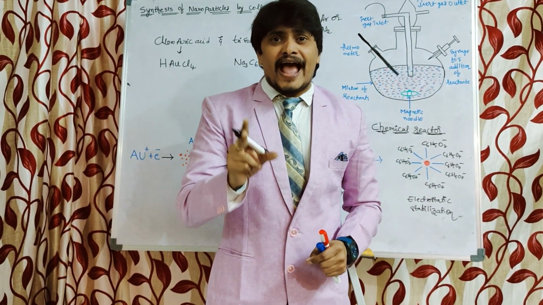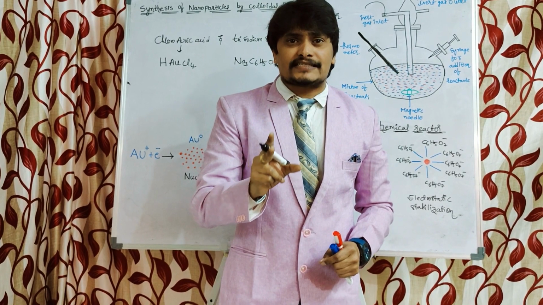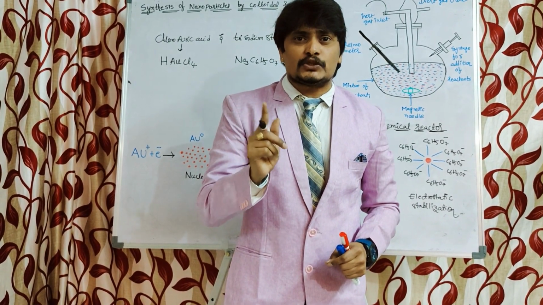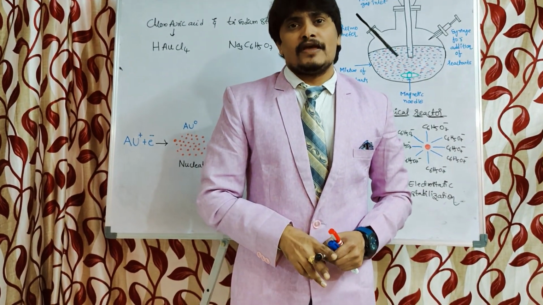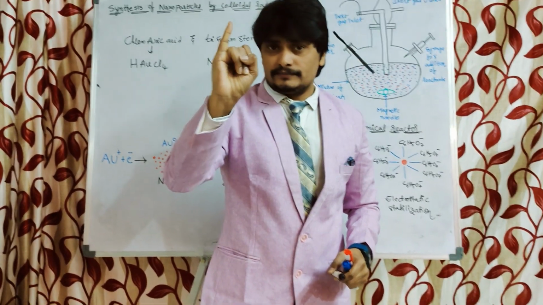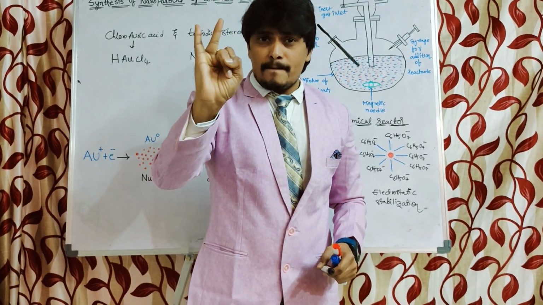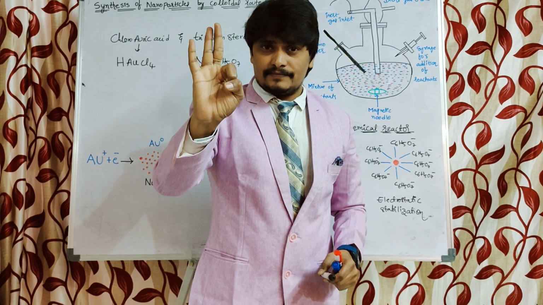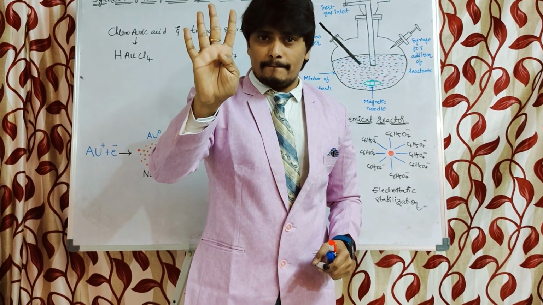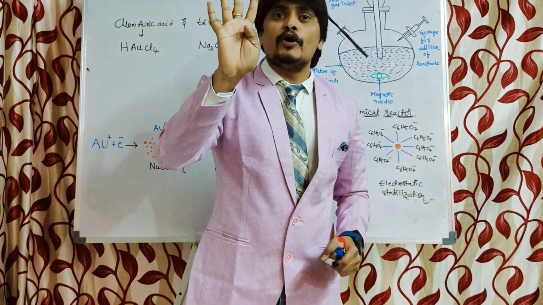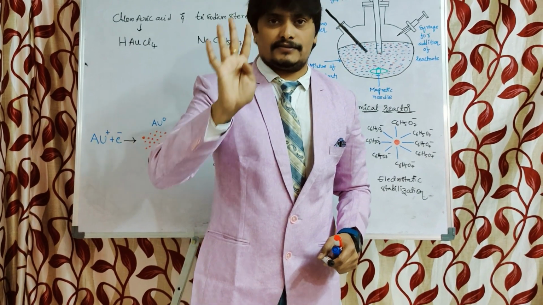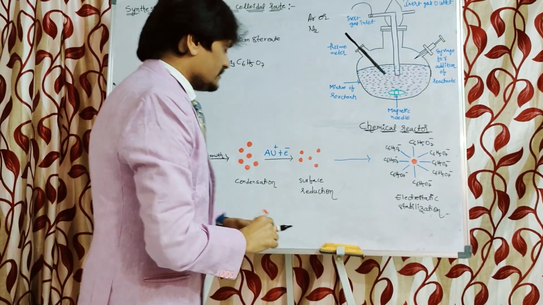And during the reaction between chloroauric acid and the reducing agent sodium stearate, we are going to get one cation, one anion, one acid, and one salt. We are going to get 4 products. What are they?